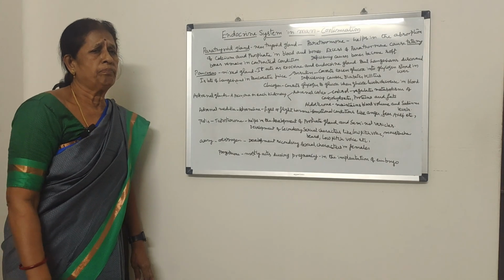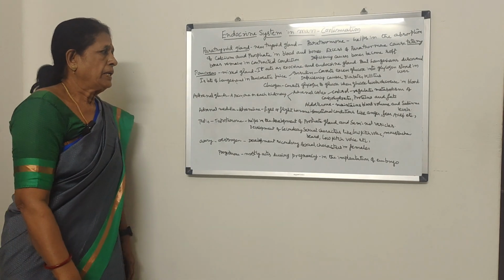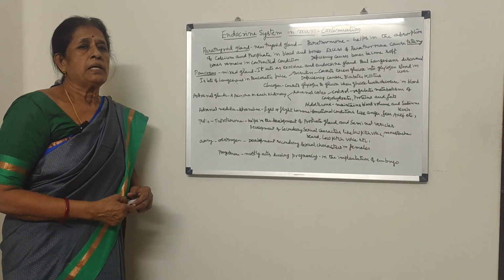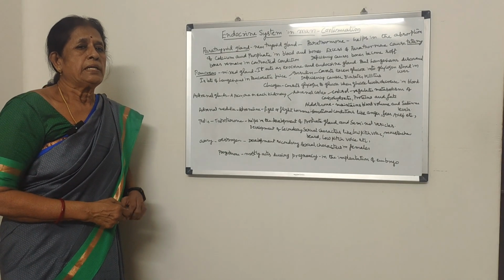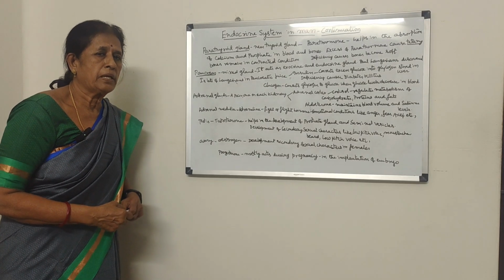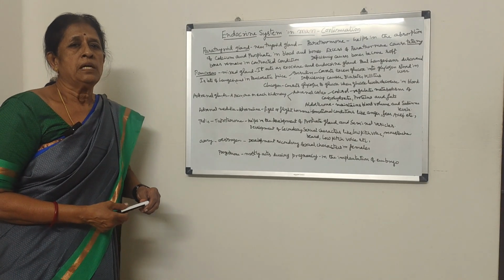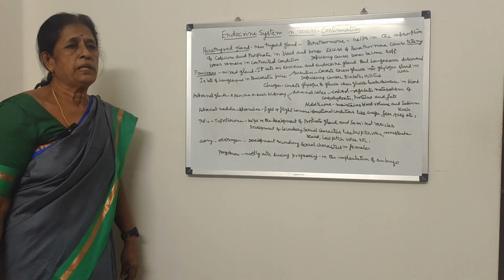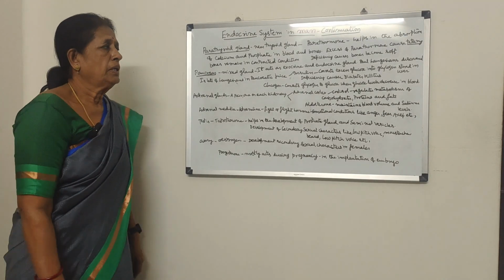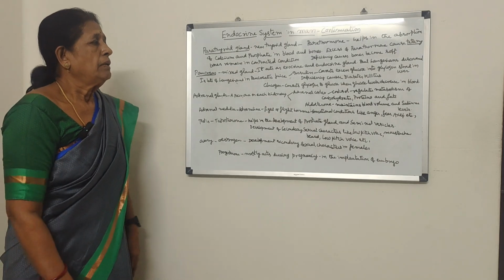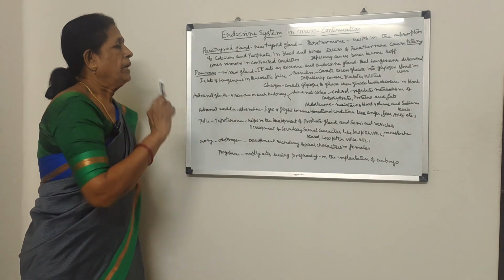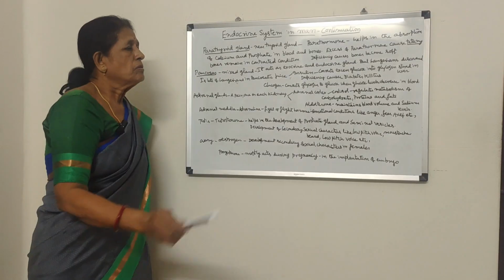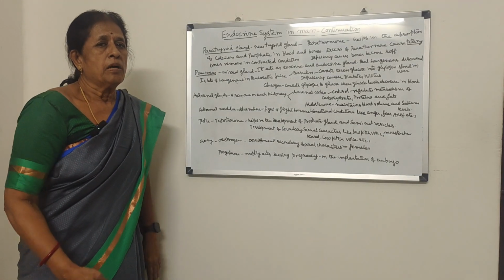Next, another gland is called the pancreas. You have studied about the pancreas in the digestive system. The pancreas opens into the duodenum. It secretes a juice called pancreatic juice, which contains trypsin, amylase, and lipase enzymes which help in the digestion of proteins, carbohydrates and fats. But this pancreas, in addition to the production of enzymes, also secretes some hormones.